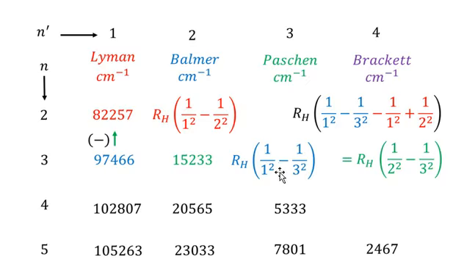This is again the Lyman series formula explaining this blue wavelength corresponding to the quantum number 3, so I have shown this formula also in blue. If you put the value of the Rydberg constant and evaluate this, you will get this wavelength, which is 97466.